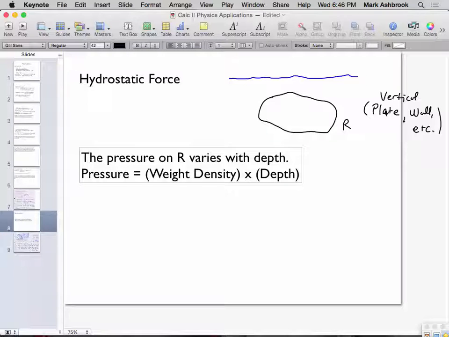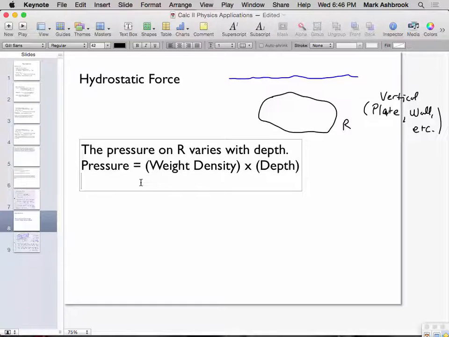Okay, so weight density would be Newton per meter cubed, or pound per foot cubed. That's the same thing we saw before. And then depth would be meters or feet.